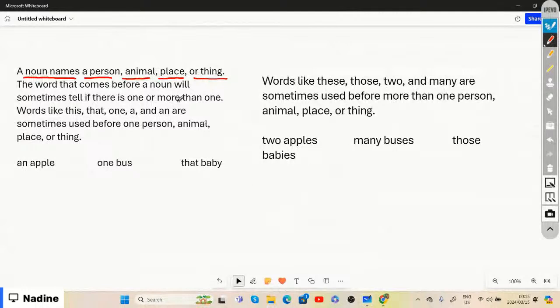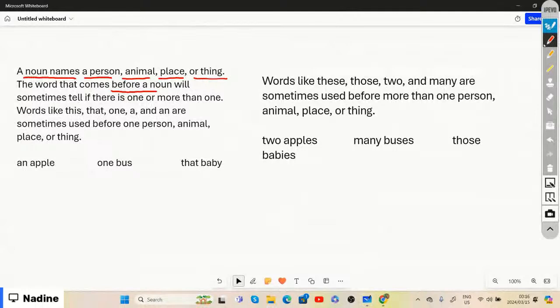And the word that comes before a noun will sometimes tell you if it is one or if it is more than one. There will sometimes be a word in front of a noun that tells you it refers to either one thing or more than one thing.